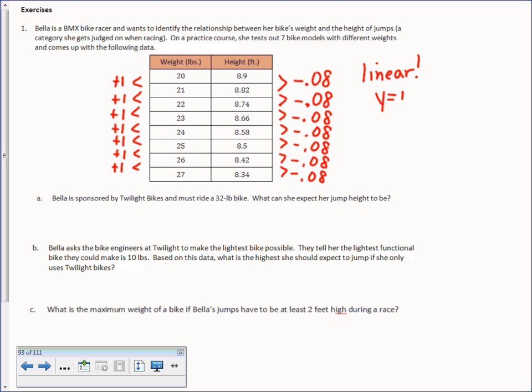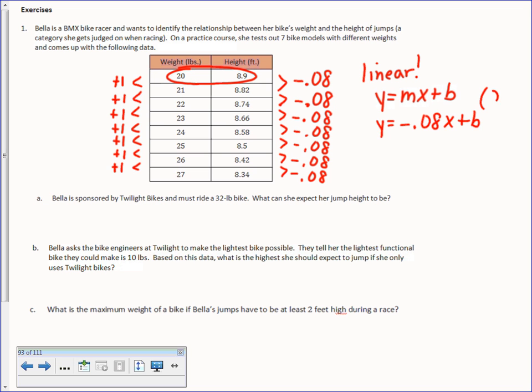Y equals mx plus b. So you can take two ordered pairs. You can calculate your slope, which I want you to do right now. Then I do want you to put in one of the points, and I chose the 20 and the 8.9 as my x and my y to calculate your b. So I got my slope to be a negative 0.08x plus b.